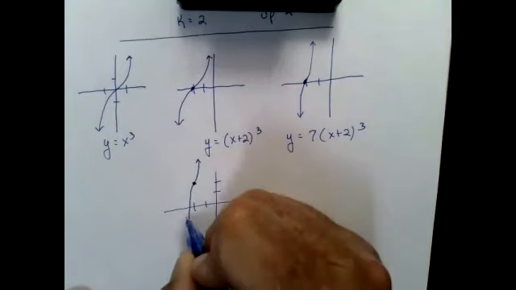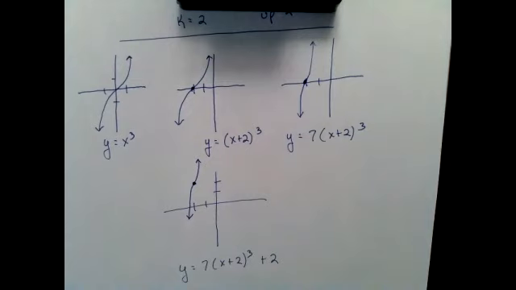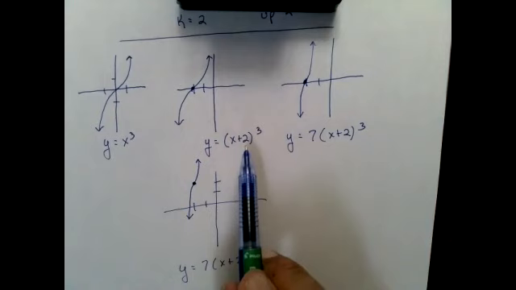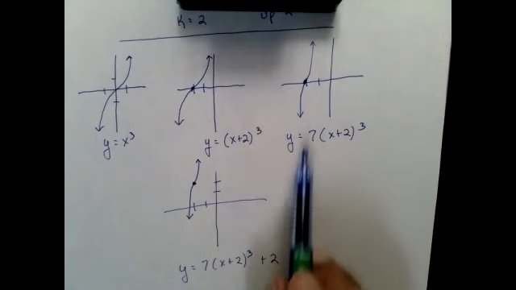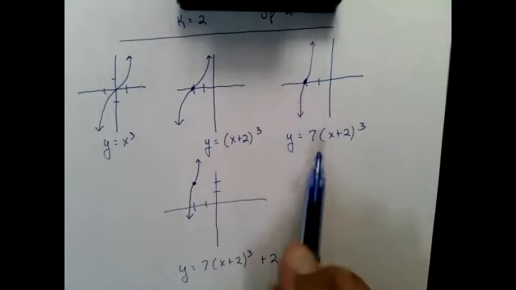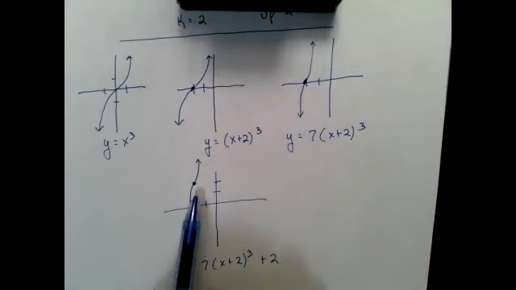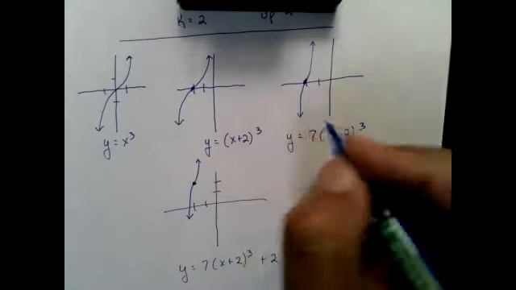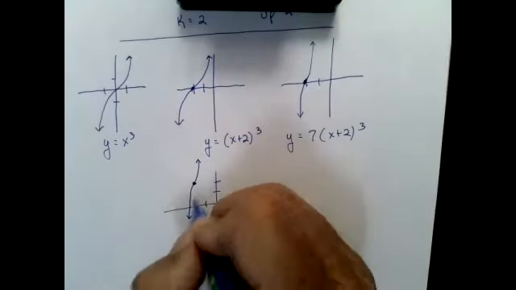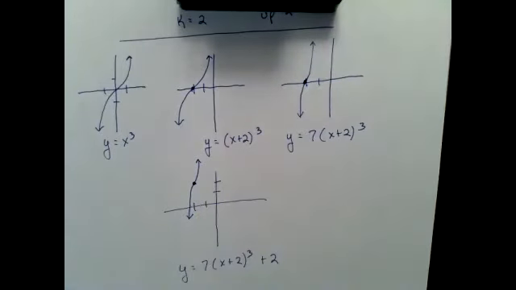Slight turn there in the middle. Again, left 2 made it grow faster. You could say make it skinnier. Finally move the whole thing up 2. And really, I'm basing it on this point to show I'm moving it up 2.